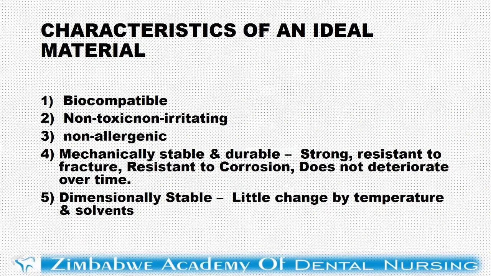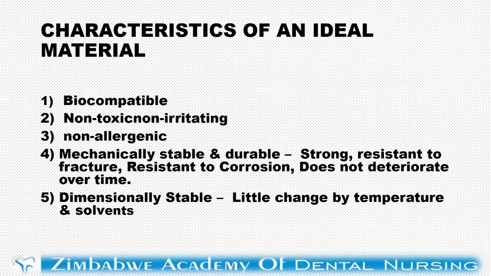4, the material must be mechanically stable and durable, meaning it must be strong, it must be resistant to breakage or fracture, it must not corrode, must be resistant to corrosion, and it must not deteriorate.